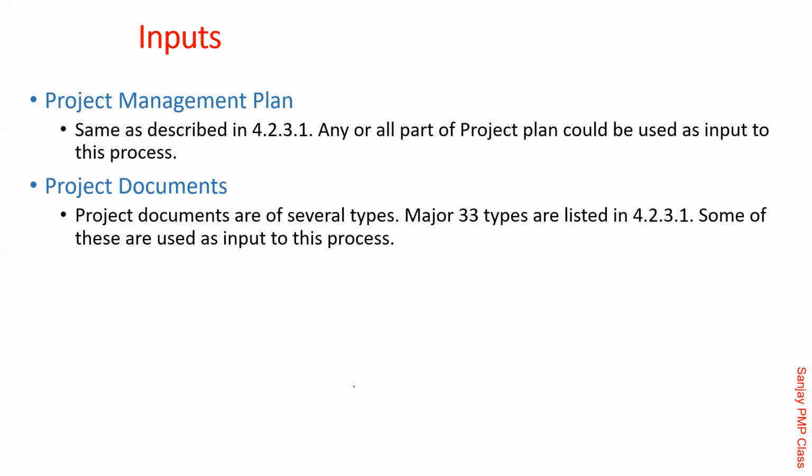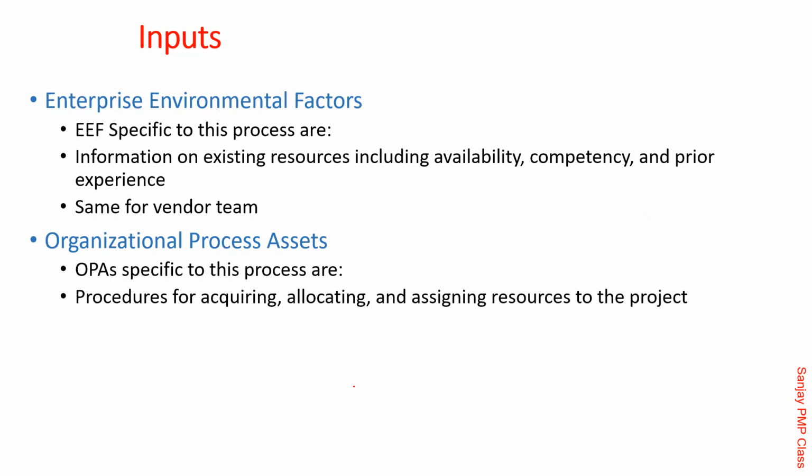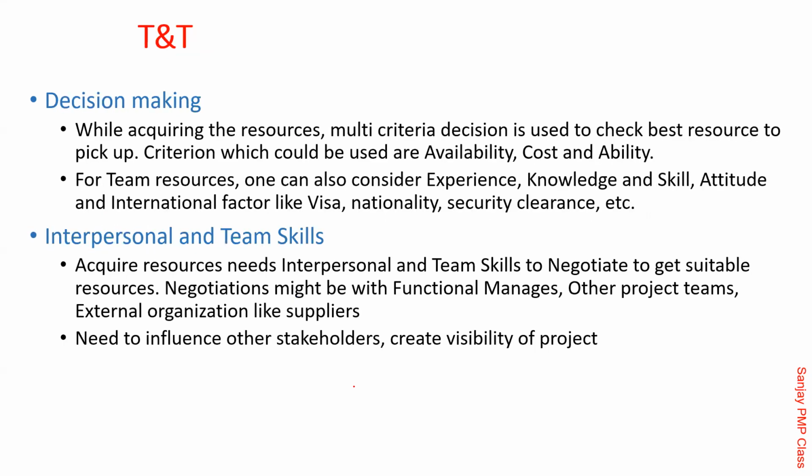These are inputs which are well known to us. EFs. Making decisions, when you are taking people on board: if you have been offered, let's say, 15 resumes and you need to take only 6 out of these, you might use multi-criteria. You might say availability is very critical, so 20 points for availability. Cost is not so important for me, so 10 points for cost.